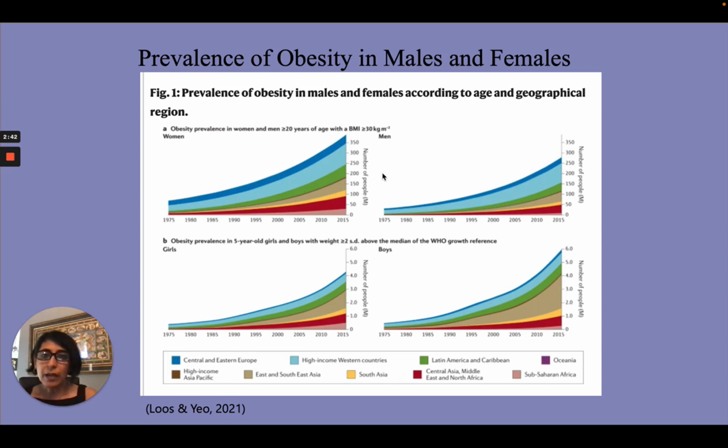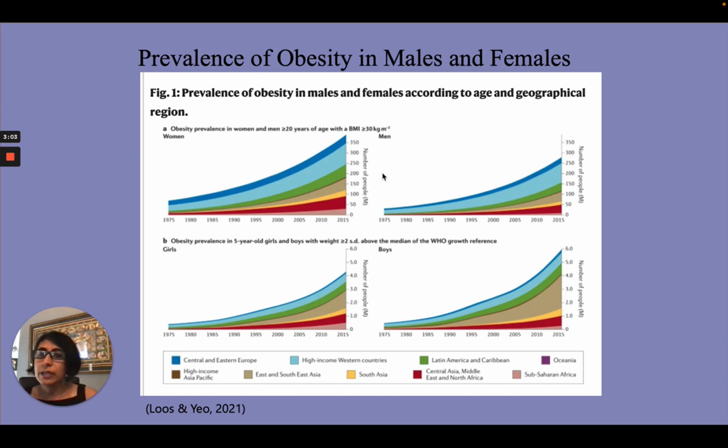And then on top of it, shown on this graph, it's giving us a worldwide view. As you can see at the bottom, South Asia, East and Southeast Asia, Latin America, the Caribbean, high-income Asia Pacific, high-income Western countries.